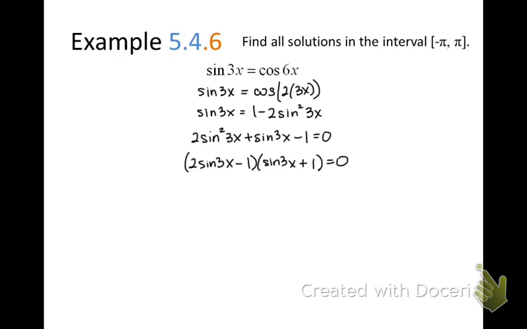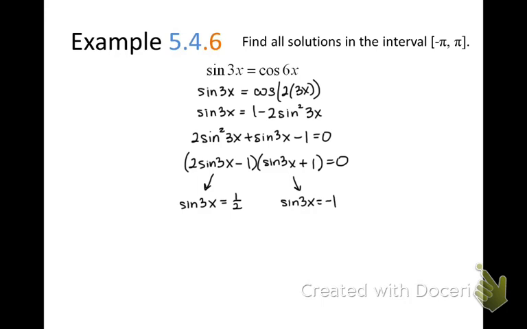Now that I have factors, I can set them each equal to 0. You can see from this factor that I'm going to get the sine of 3x equals 1/2. From this one, I'm going to get the sine of 3x equals -1. Again, don't do anything with that angle in the middle until the very end. Those should not create that many problems for you.